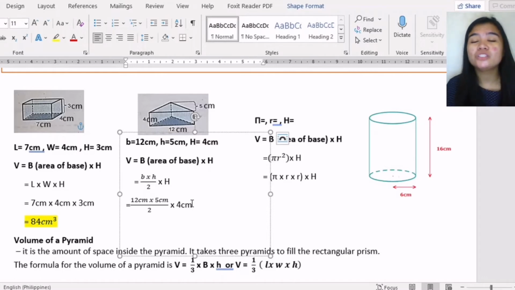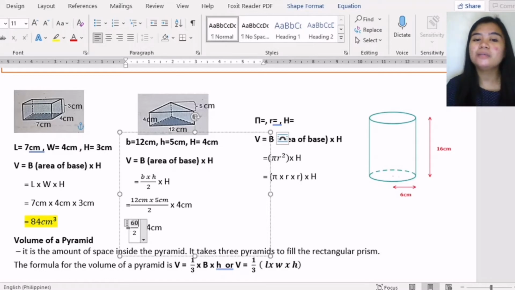So yung small h dyan is for the base only, for the flat base or for the plane figure. Yung malaking h is for the solid figure na, that is triangular prism. Ayan. And then, let's multiply 12 cm times 5 cm, 12 times 5, that is 60.